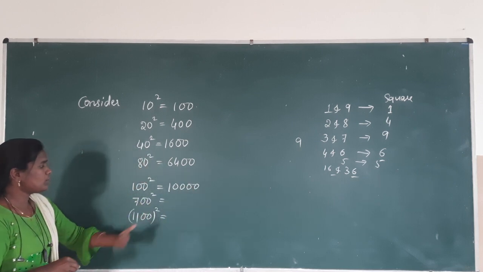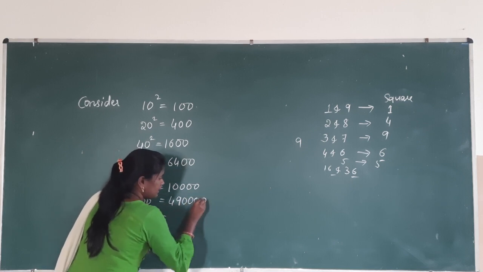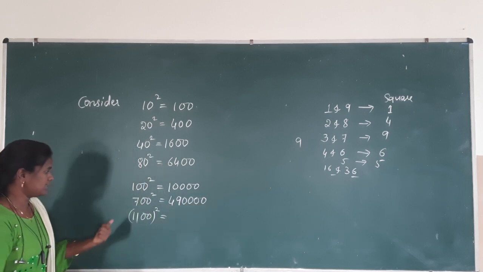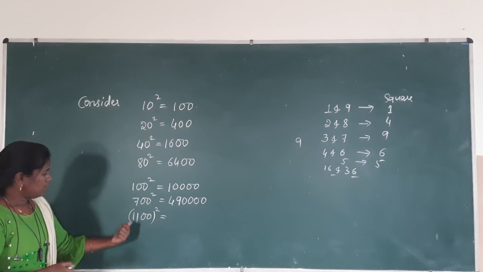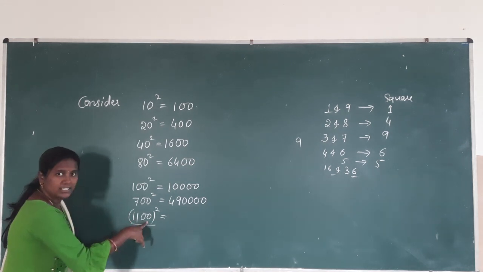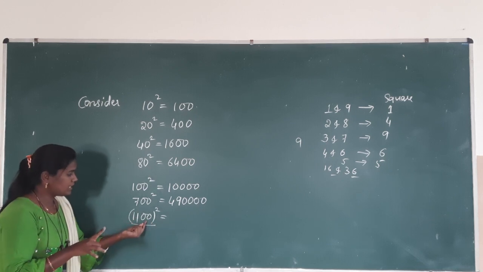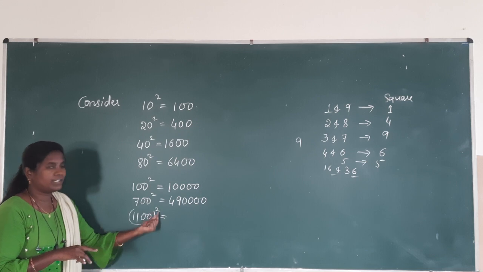Then what about 700 square? I'll write it and then show you how to get these answers. Then 1100 square. It can be written as 1100, because 100 is there here.